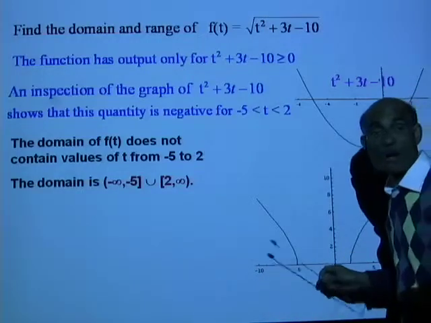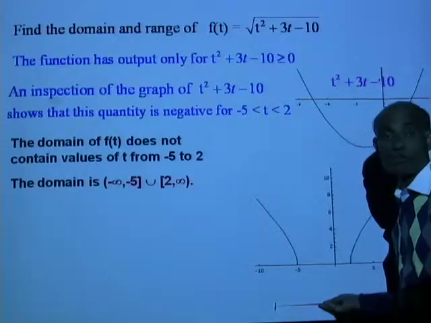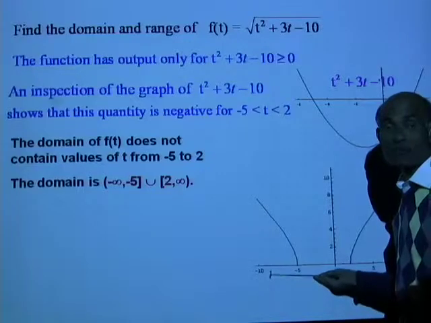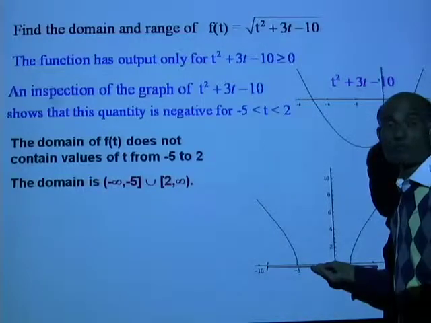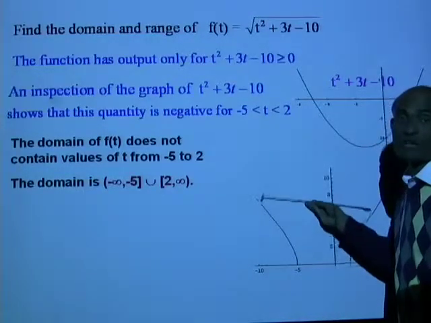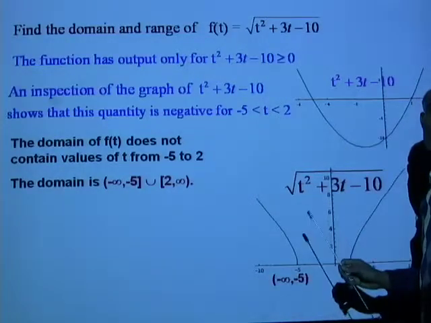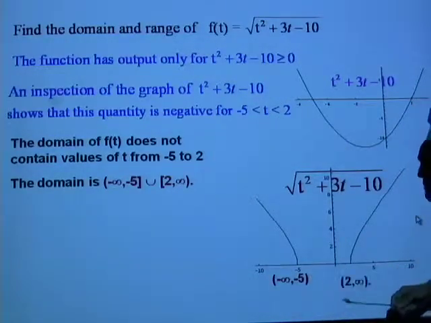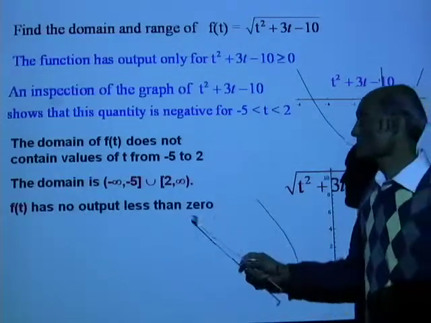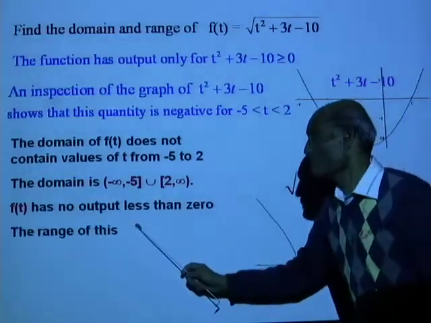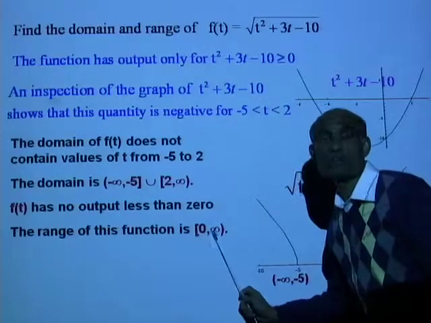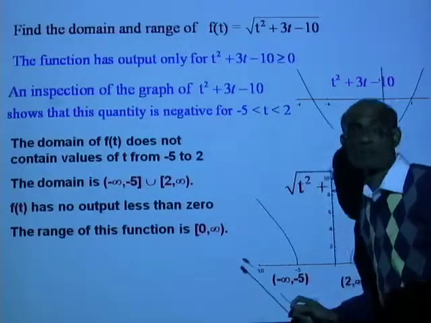Well, the range are all possible outputs. There is no negative output. The minimum output is 0, and you can get any output greater than 0. Therefore, the range will be 0 to infinity, 0 included.